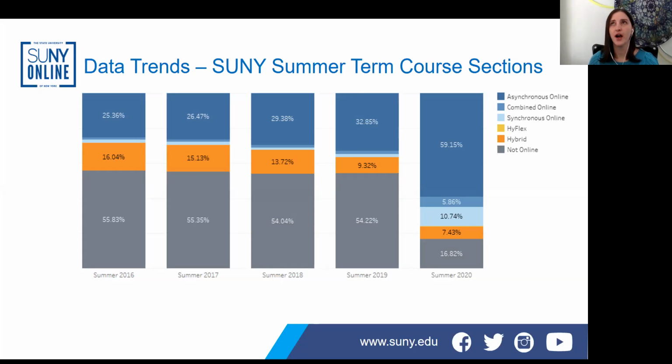And we do look at this cautiously in terms of differentiating between asynchronous, combined, and synchronous. We haven't really done any outcomes analyses looking at those differences because we know we're still working on getting those definitions to be accurately reflected. And yes, it is very important to be able to distinguish them.